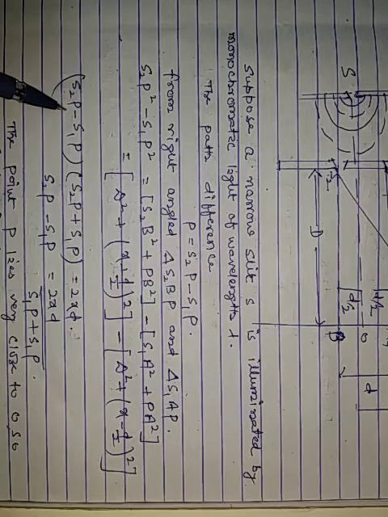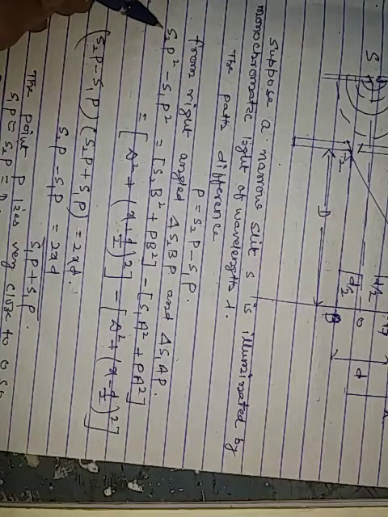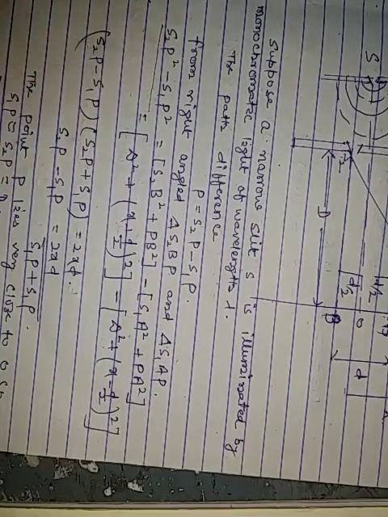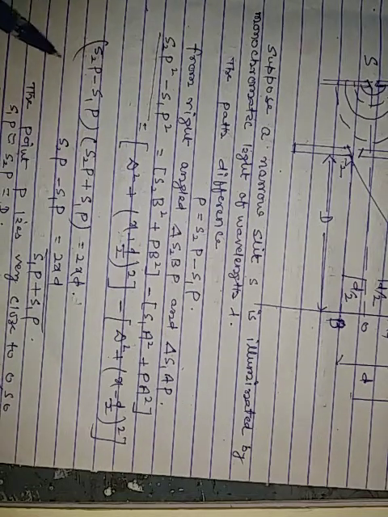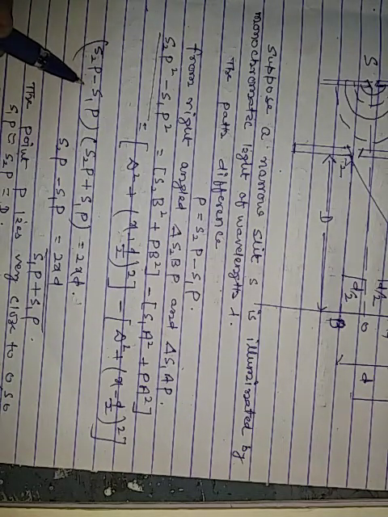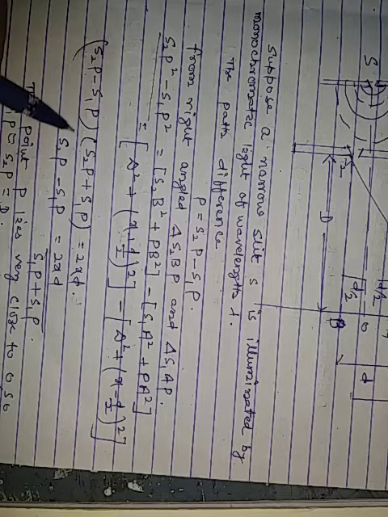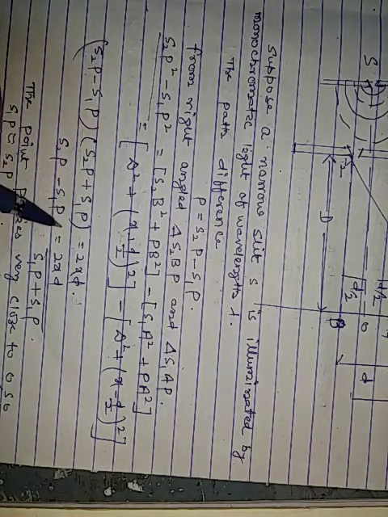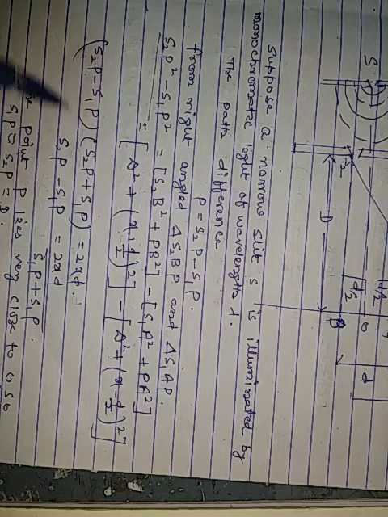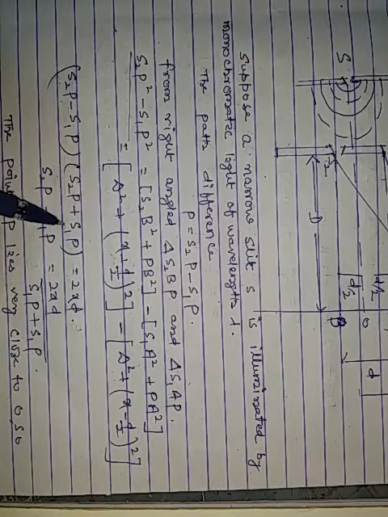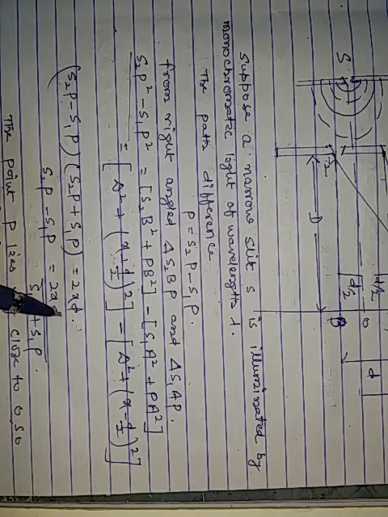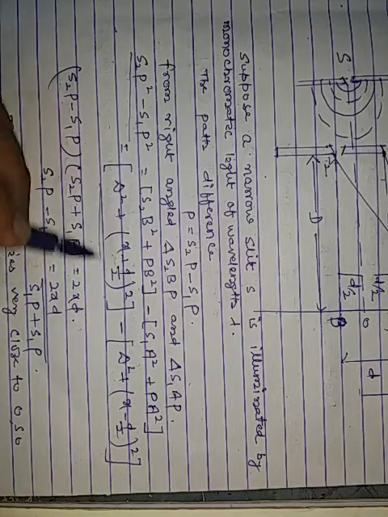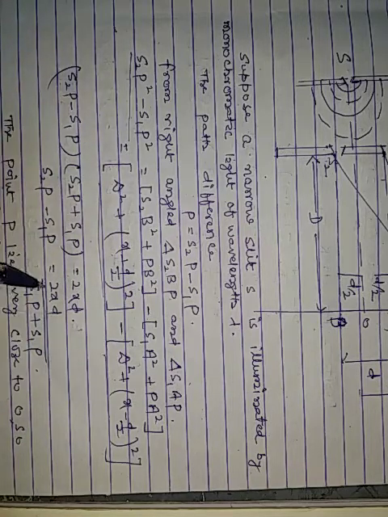So S2P square minus S1P square, we write as S2P minus S1P into S2P plus S1P, as a square minus b square is equal to a plus b into a minus b. So (S2P minus S1P) into (S2P plus S1P) is equal to 2xd. We simplified it; it is equal to 2xd.